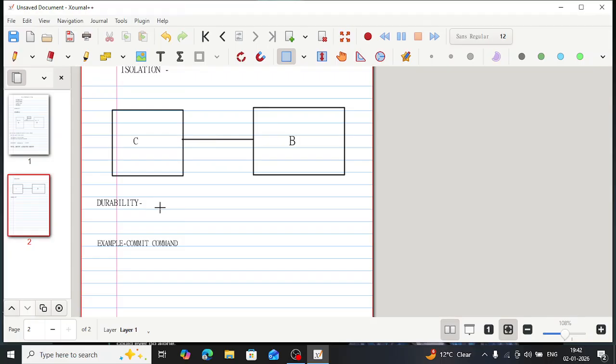The commit command is used when you have no other option after this process.